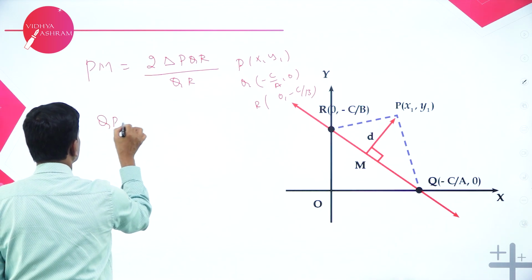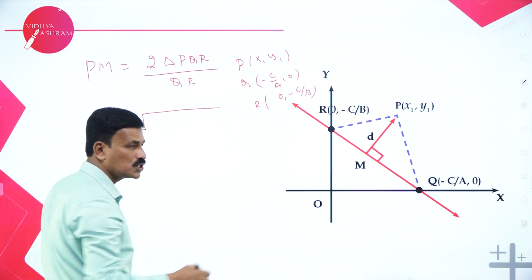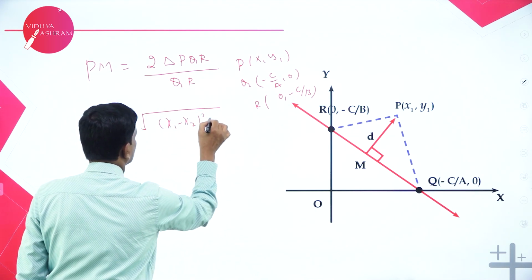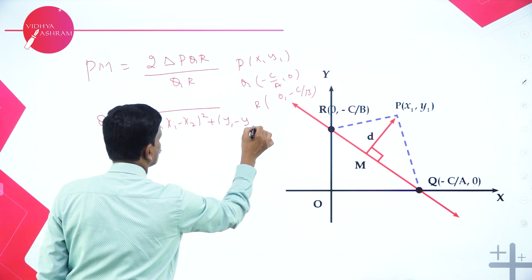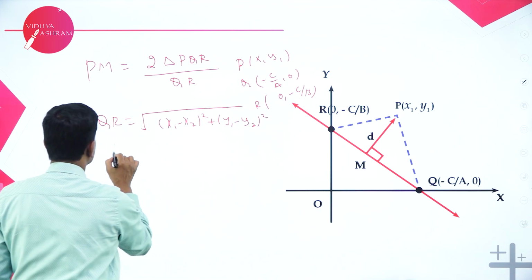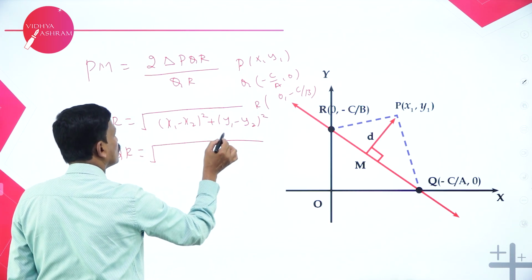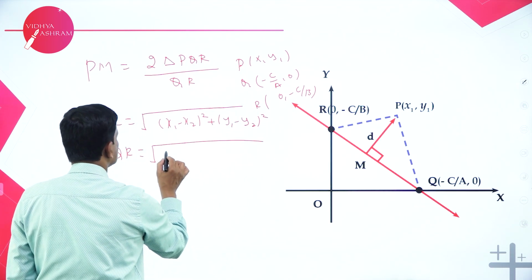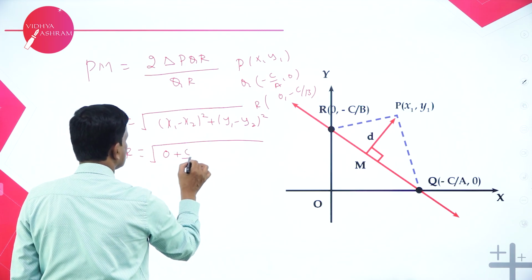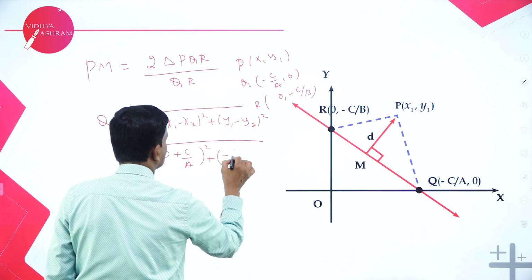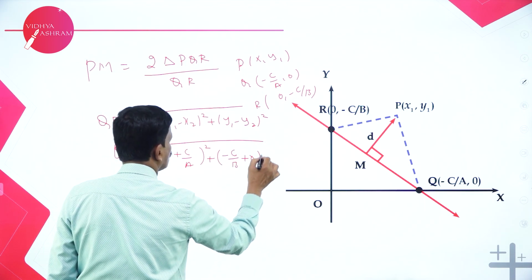QR is the distance between these 2 points, root of (x1 minus x2) whole square plus (y1 minus y2) whole square. So, QR is equal to root of (0 plus c by a) whole square plus (minus c by b plus 0) whole square.